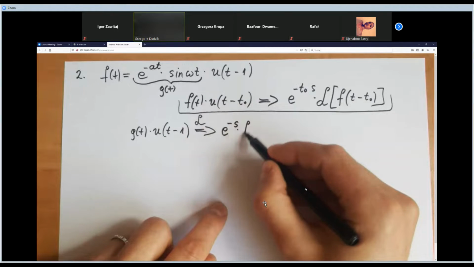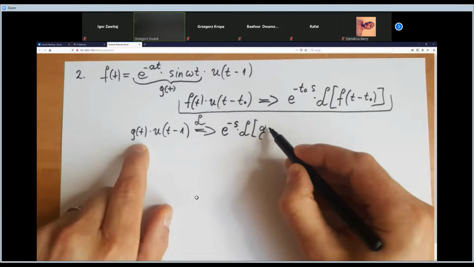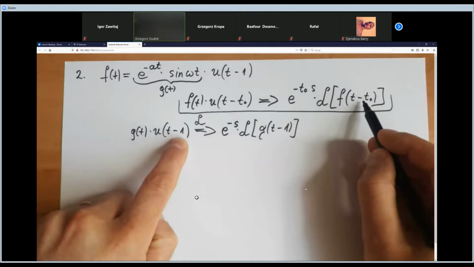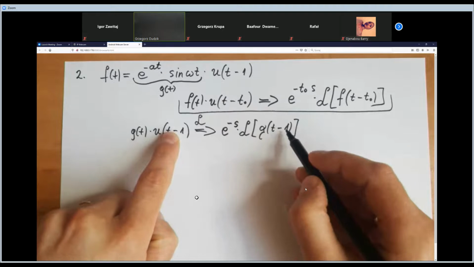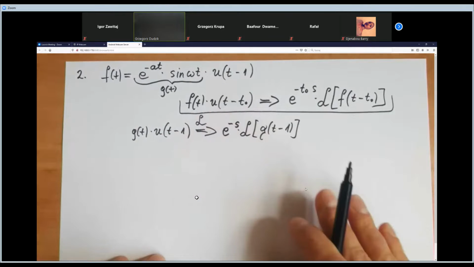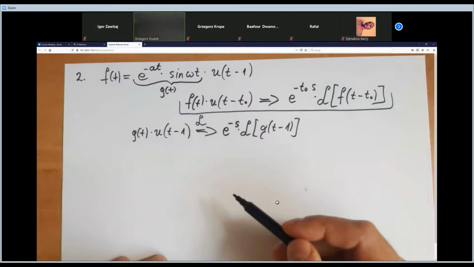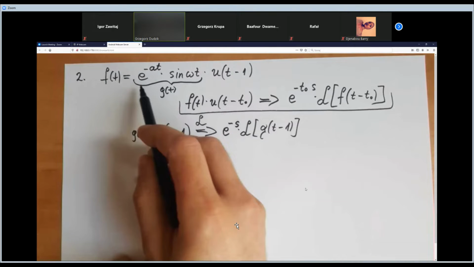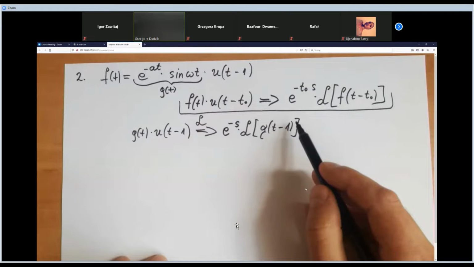Times the Laplace transform of the g function, however, not of t, but of t minus 1. T minus t0, so t minus 1 in our case. Great. So as you see, e to the power of minus s, we've got it. Everything we have to do here is find the Laplace transform of our g(t) function, but we have to substitute t minus 1 for the time.